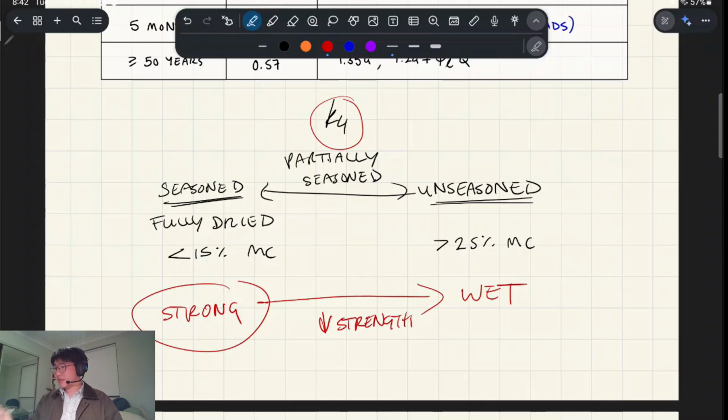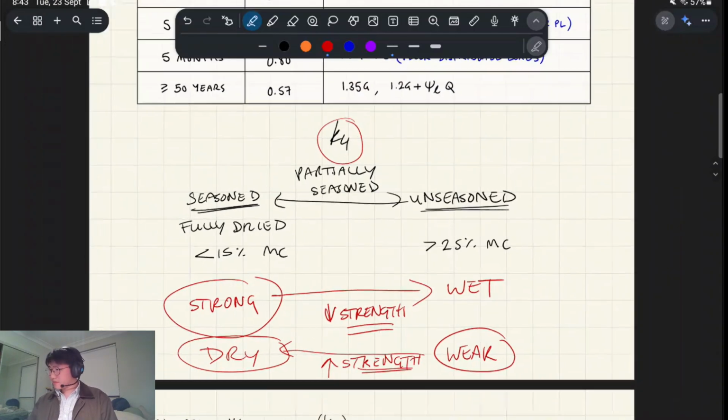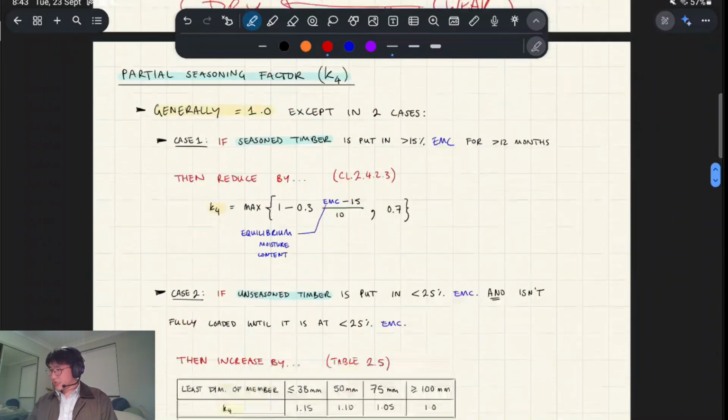The other scenario is when it's already weak because it's unseasoned, and you put it in a dry environment for long enough, and then its strength gets increased. So these are what the two formulas are essentially doing: one where you reduce the strength and the other where you increase the strength. I hope that makes sense. Let's see it in practice.